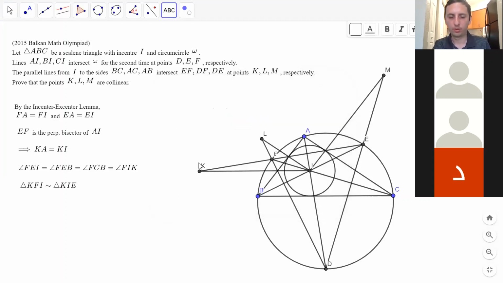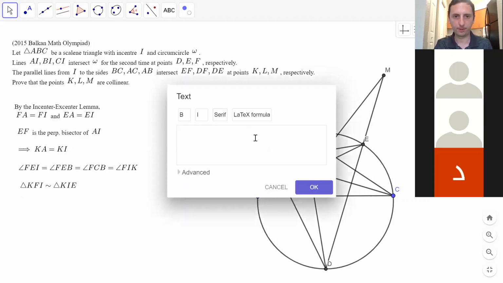And so KF times KE equals KI squared equals KA squared.